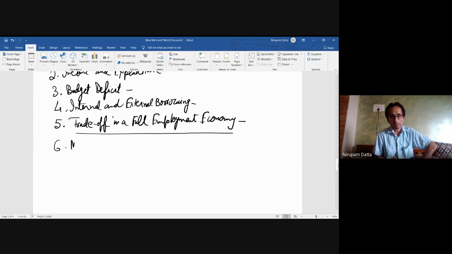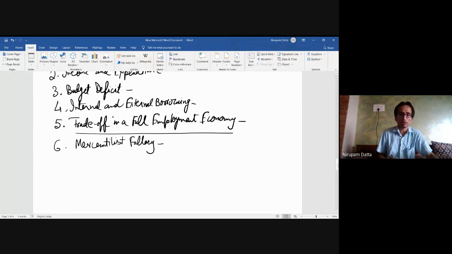Next comes your mercantilist fallacy. So in case of the mercantilist fallacy, mercantilists were traders during the Middle Ages or just the beginning of the Renaissance period in England, who believed that a country can prosper, grow faster or develop faster if it always runs a trade surplus with the rest of the world.